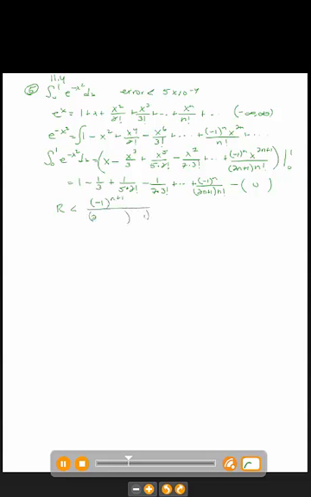And then we have 2n plus 1 plus 1, and then n plus 1 factorial, which reduces to negative 1 to the n plus 1 over 2n plus 3 times n plus 1 factorial.